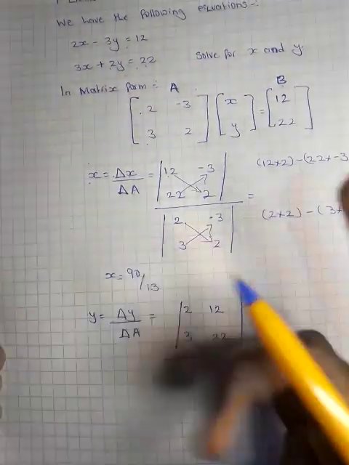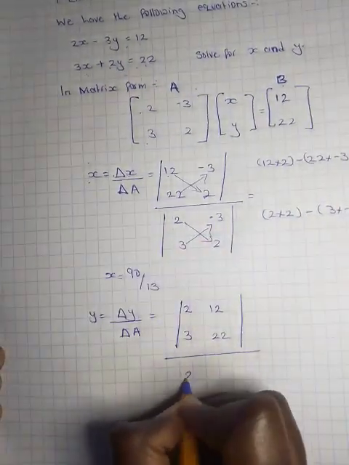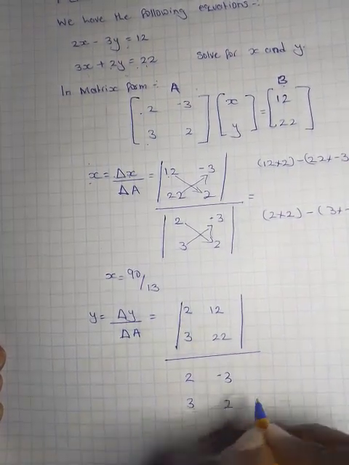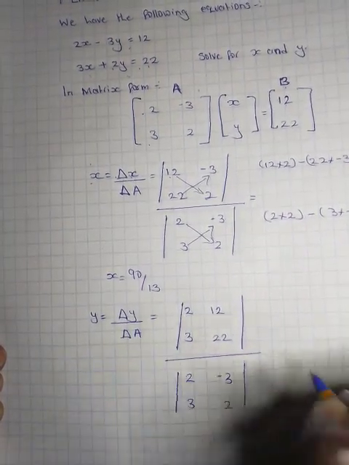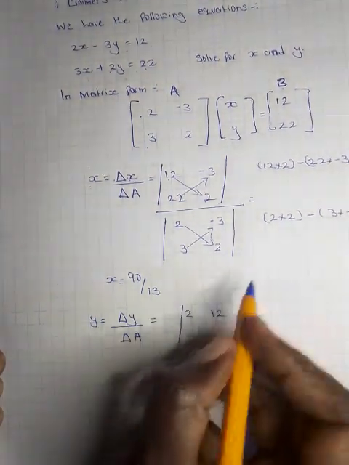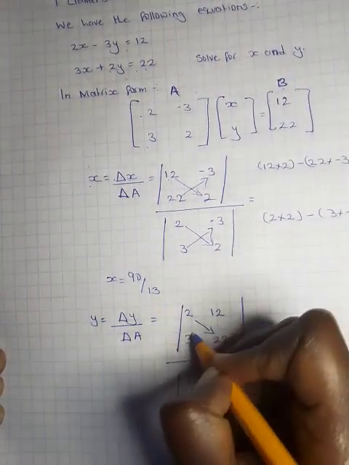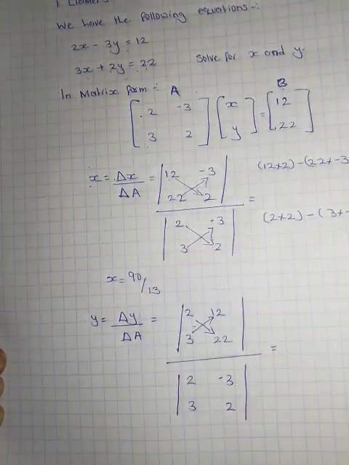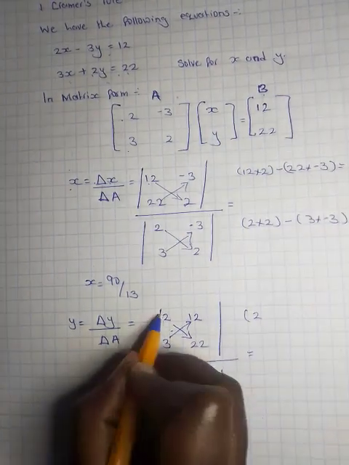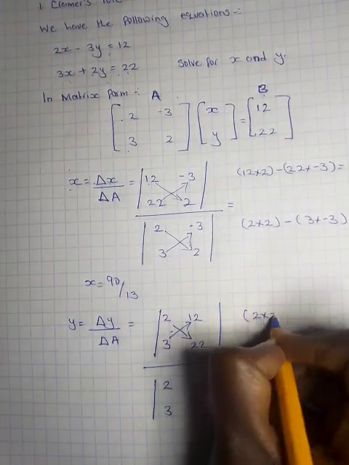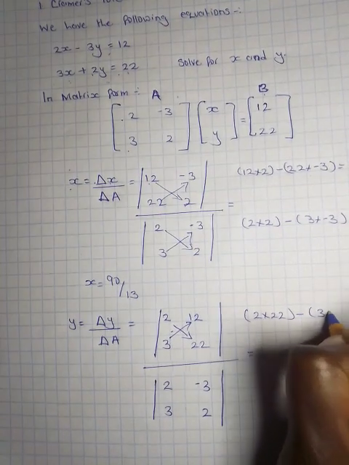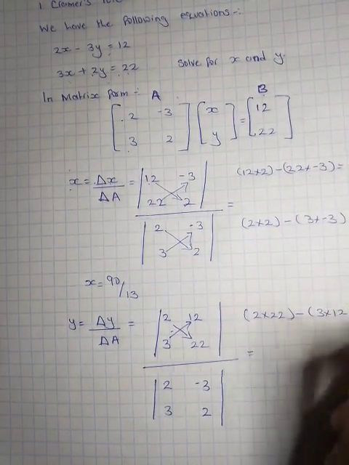Delta a is the same as for x. It's 2, 3, negative 3, 2. You get the determinant. Of course, that one we've already done. So to get the determinant, you multiply 2 times 22 minus 3 times 12. Okay.